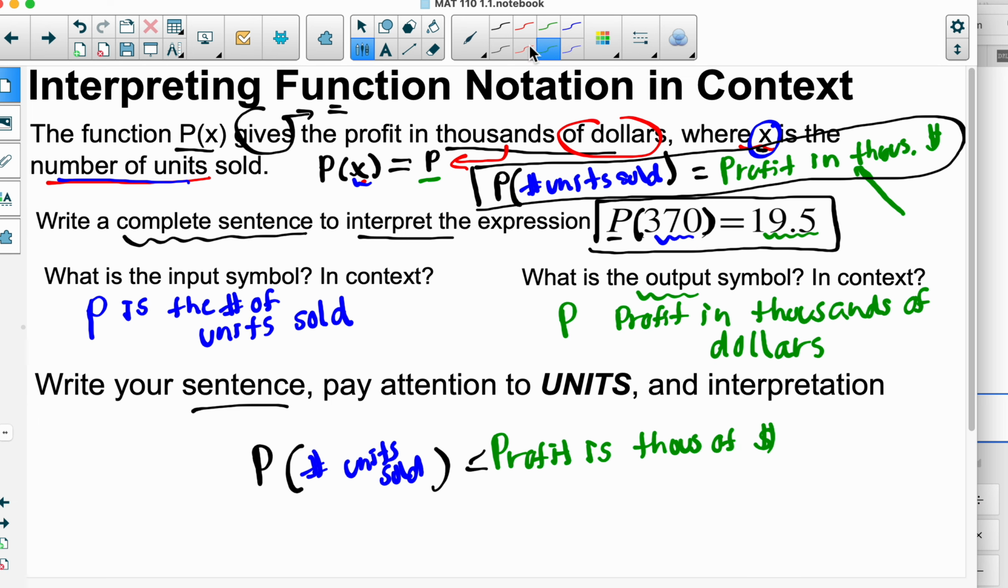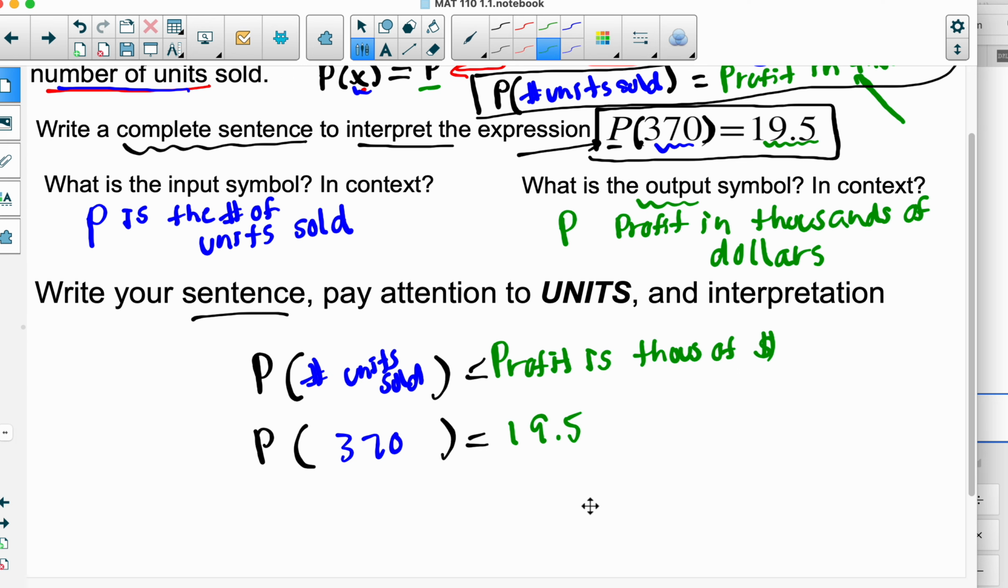All right, and so what I want to interpret is this expression here. So I have P of 370 is equal to 19.5. So let's translate this.